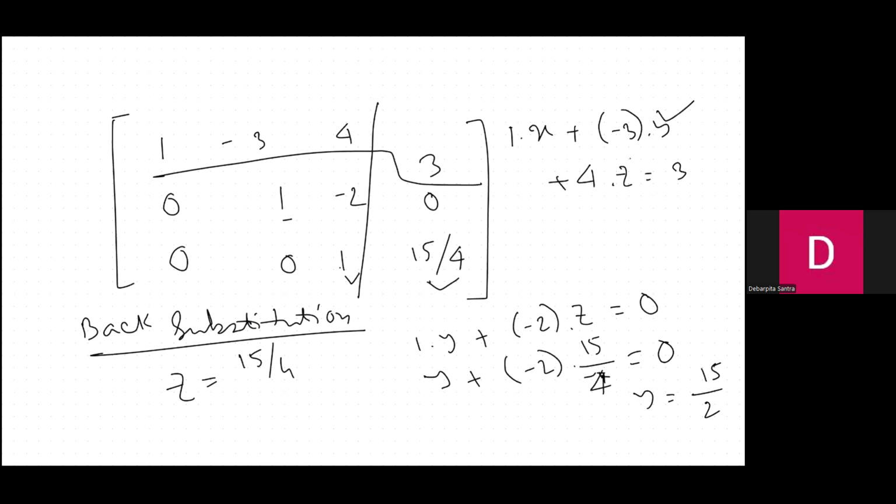So x plus minus 3 into y, that means 15 by 2, plus 4 into z, that means 4 into 15 by 4, that means 15. Just finally, if we write, let me remove this portion.